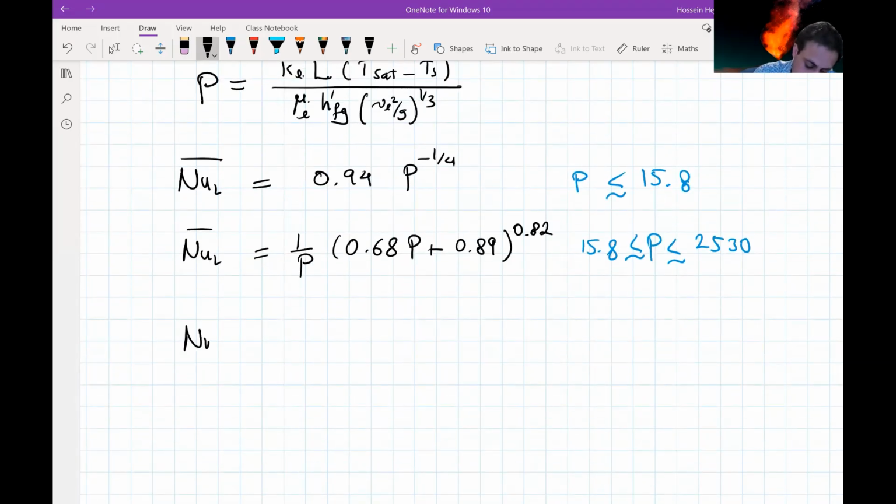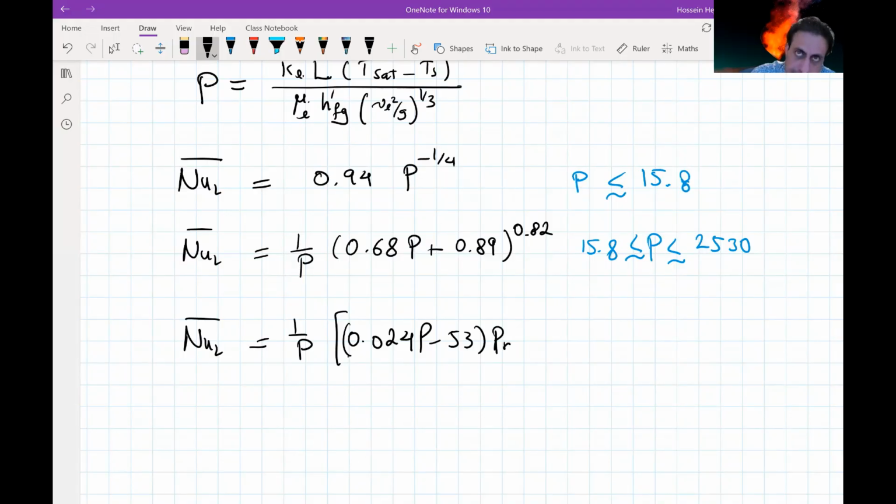And the last one is going to be for Nusselt L, 1 over P, 0.024 P minus 53, everything times Prandtl, I will check that one, to the power of half, plus 8/9, to the power of 4/3. And this is for P greater than 2530 and Prandtl number of liquid greater than 1.